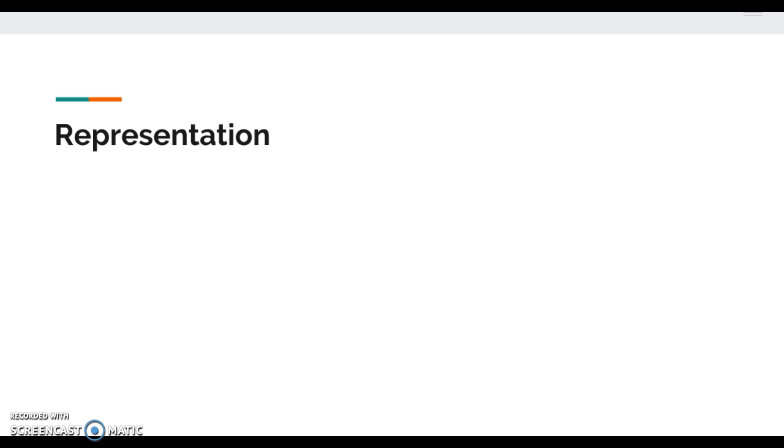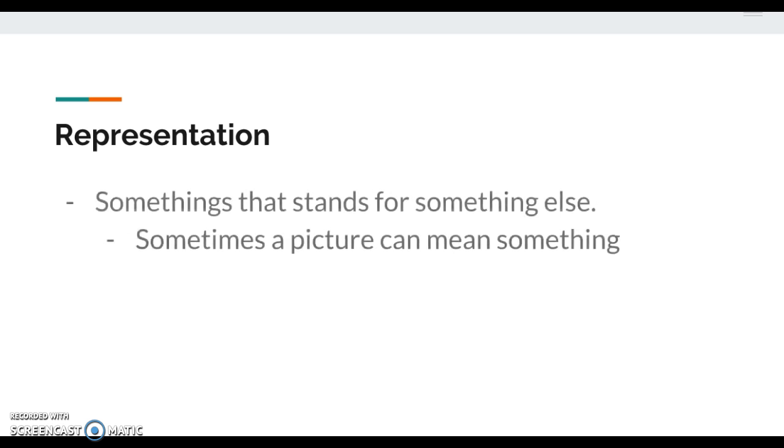Our last one is representation. What this is, is something that stands for something else. So sometimes a picture can mean something. You look at a picture and you might see one thing, but you might get a feeling out of this, or it might make you think of something, and that is a representation of something.